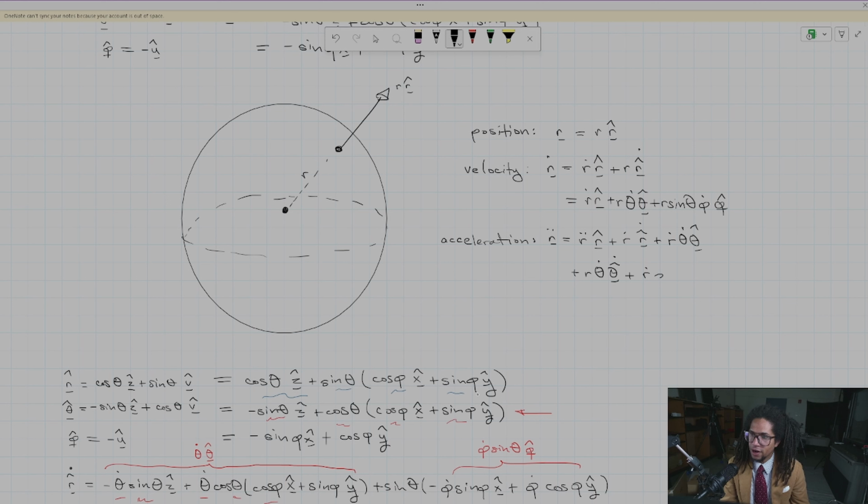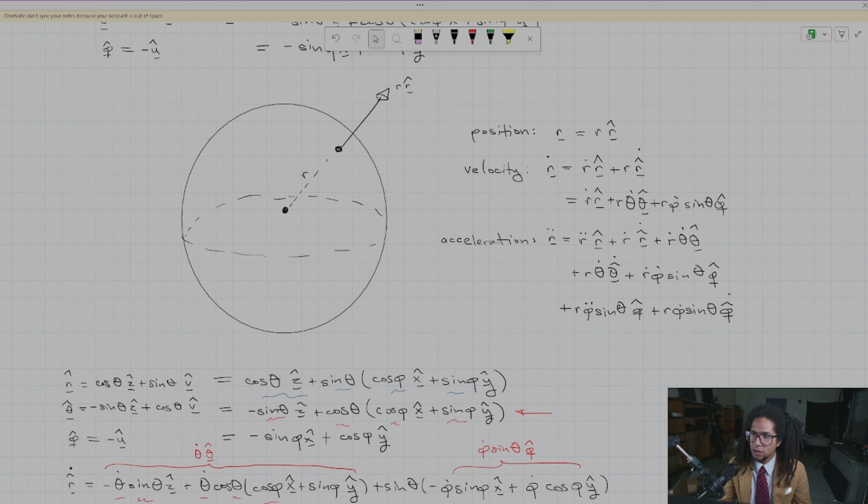Actually, let me move the phi dot over. Maybe I should have done that up here too. Then plus r phi double dot sine theta phi hat, and then lastly r phi dot sine theta phi hat dot.